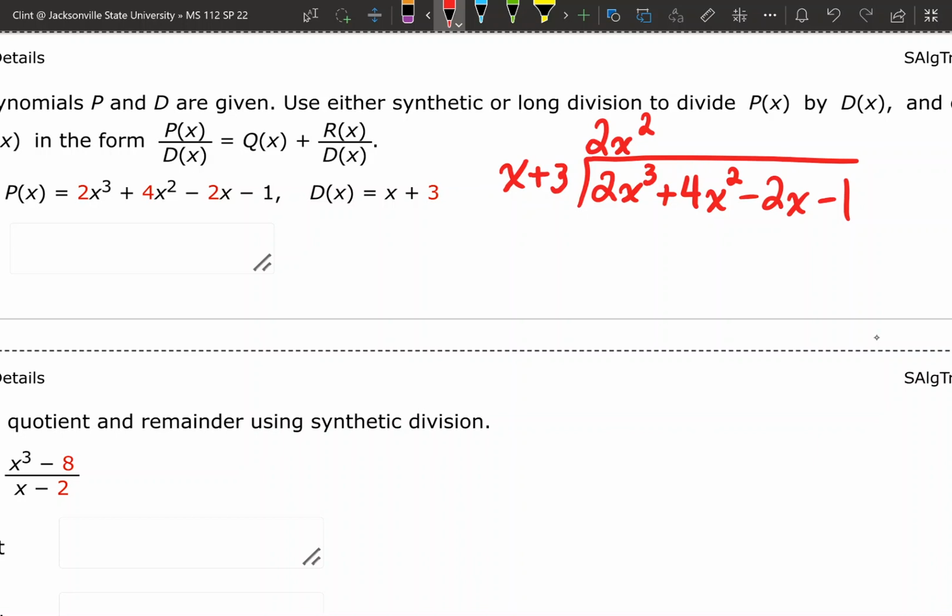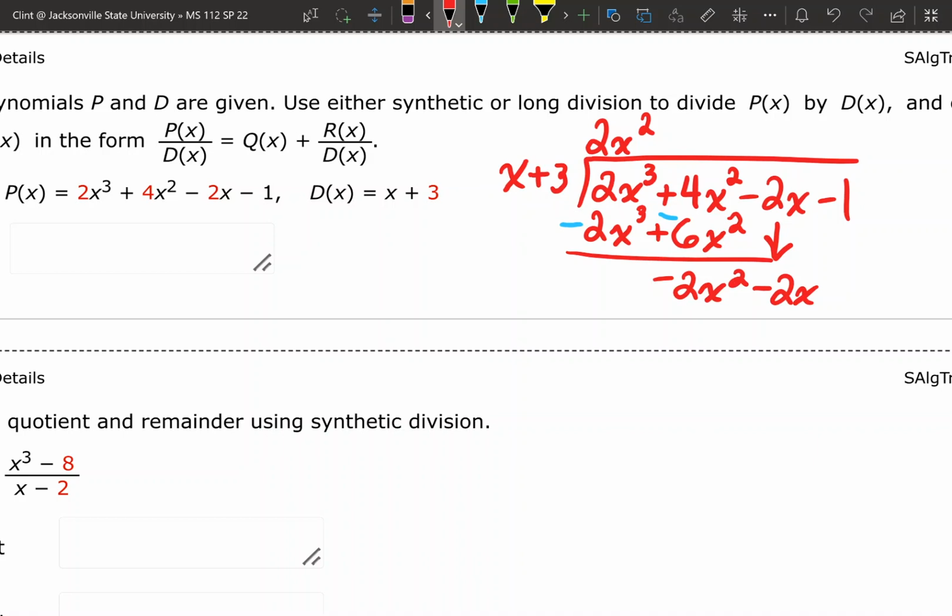And then I'm going to distribute that to my divisor outside, so 2x squared times x, 2x cubed, 2x squared times 3, 6x squared. Okay. And then I'm going to change my signs. So let's see, that'll give me negative 2x squared. Bring down my next term, minus 2x. And I do the process over again.